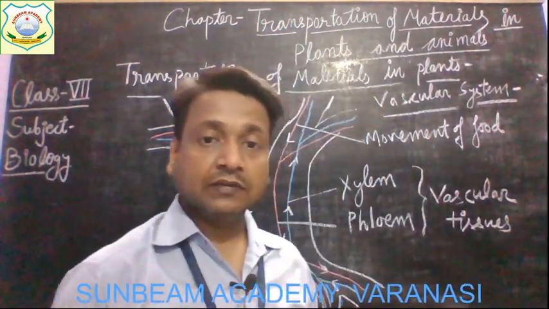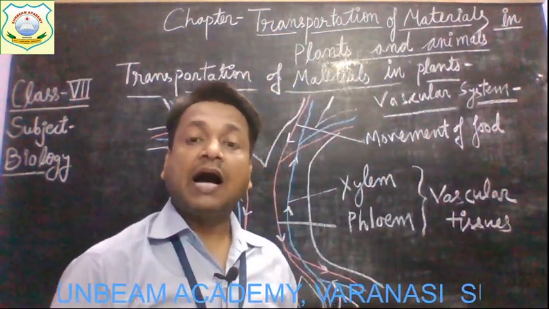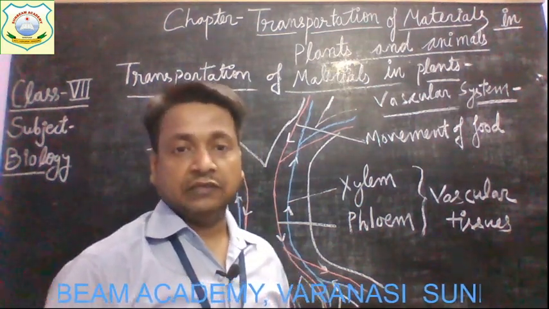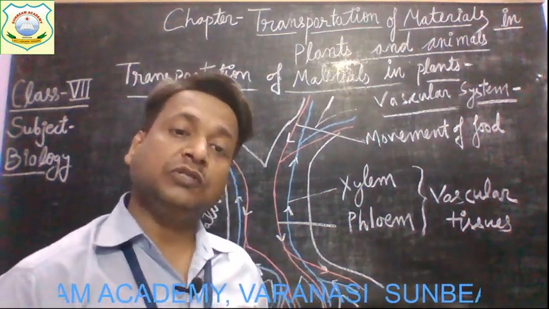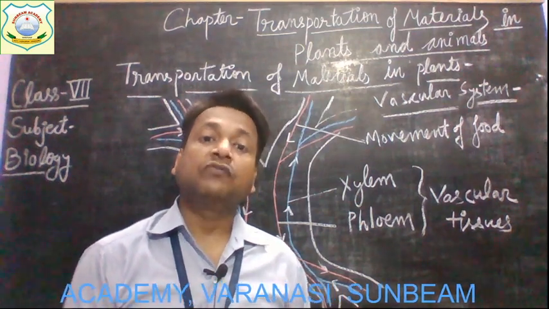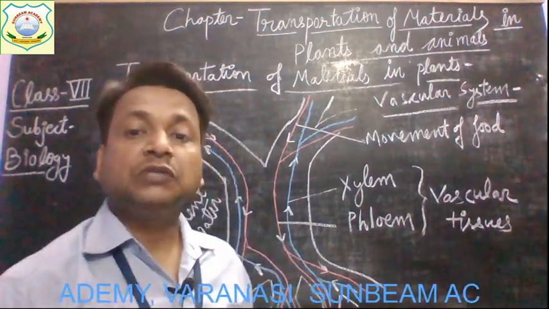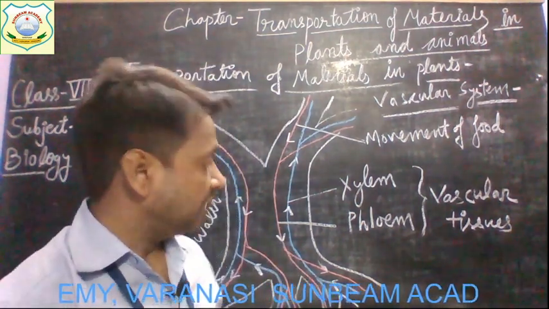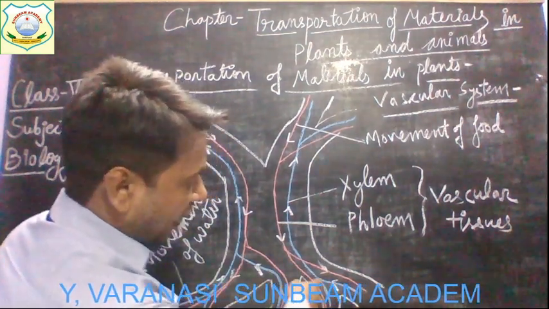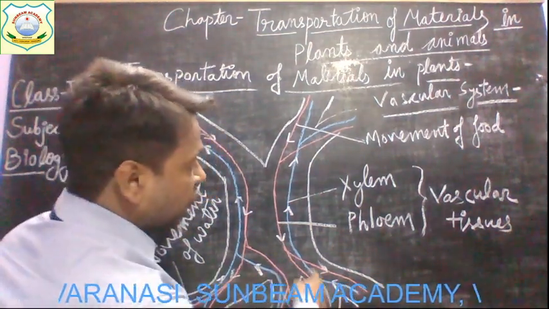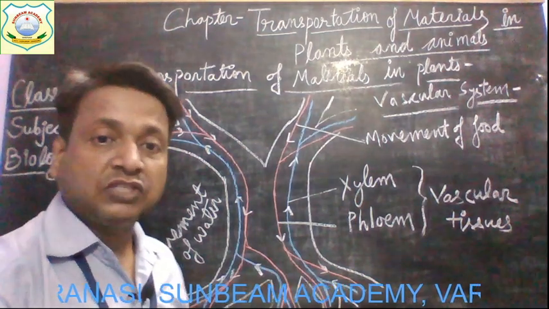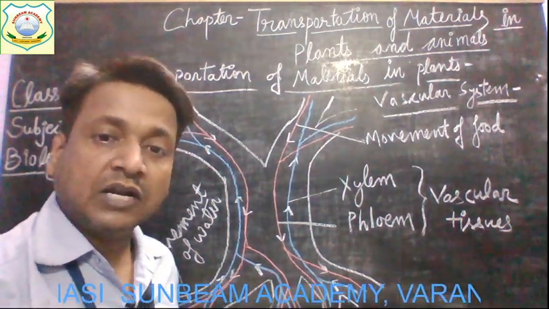Okay, children? The cells of the xylem are joined end to end, forming long tubes which extend from the tip of the roots to the tip of the leaves. As you can see here, this blue line, which is the xylem, moves upward. The cells by which it is made up, it is somewhat like a tube.